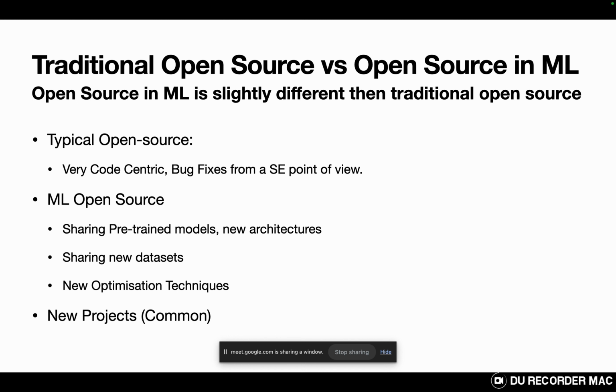So overall, the essence of open source is the same in both traditional open source and open source in machine learning. But there are more ways to contribute in machine learning as compared to the typical open source software engineering paradigm. And one thing is common in both: you can create new projects and push those projects to an open source repo.